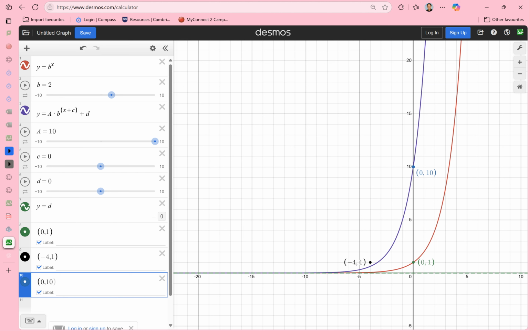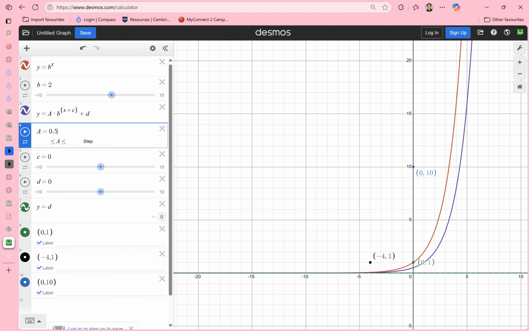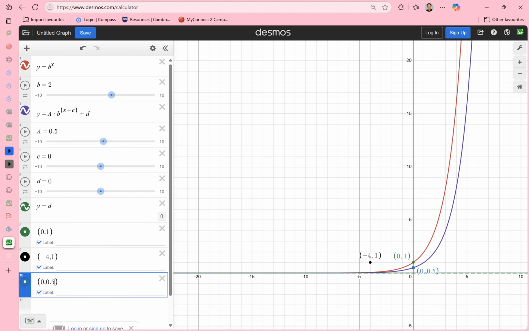Okay? Whereas if I change A to a decimal, so between 0 and 1, if I did 0.5, can you see, right now, if I change that now, that's now 0.5. Right there. Because it's a vertical compression. So you either vertically stretch or vertically compress. That's what big A does.